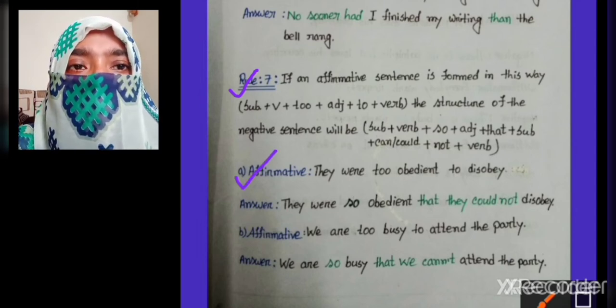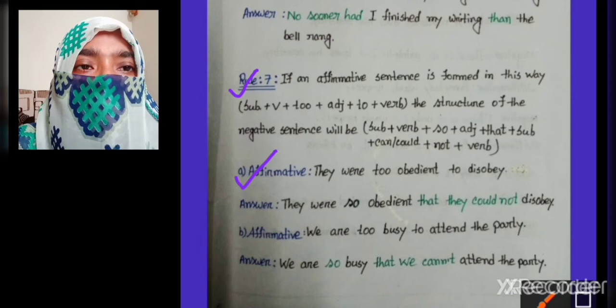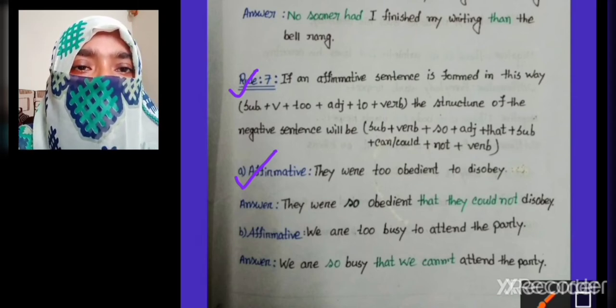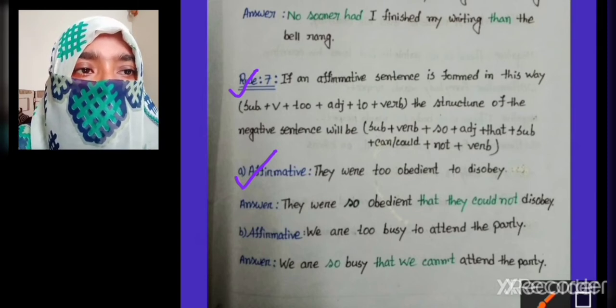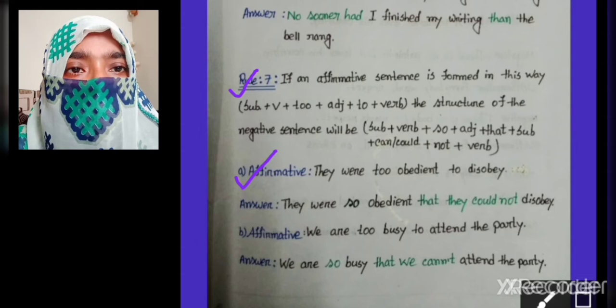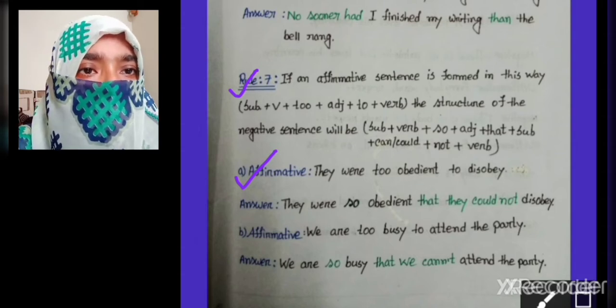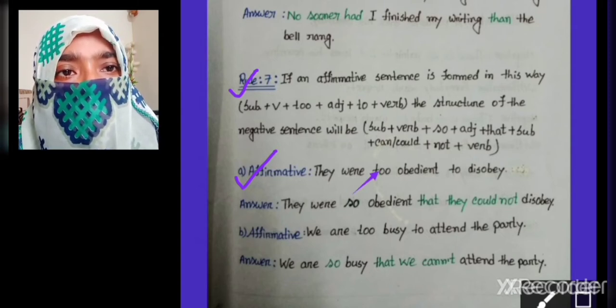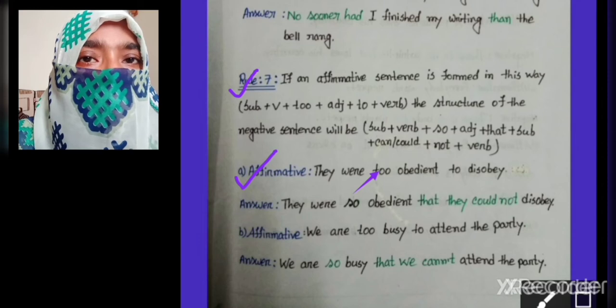See, the sentence is, "They were too obedient to disobey." The negative answer is, "They were so obedient that they could not disobey." Here we have used "so" instead of "too".